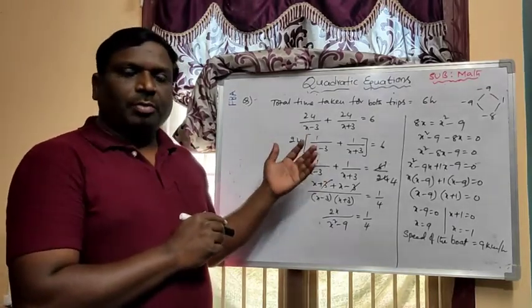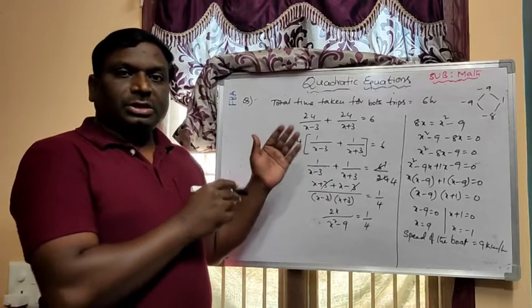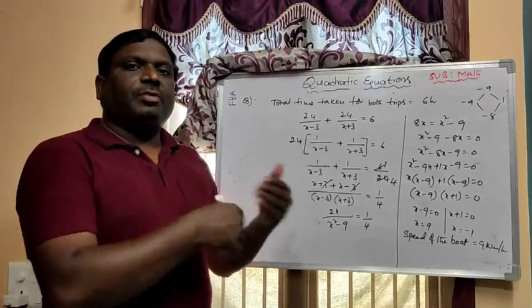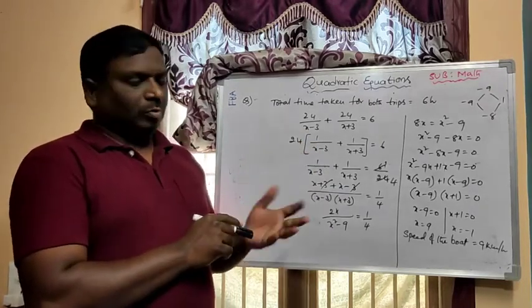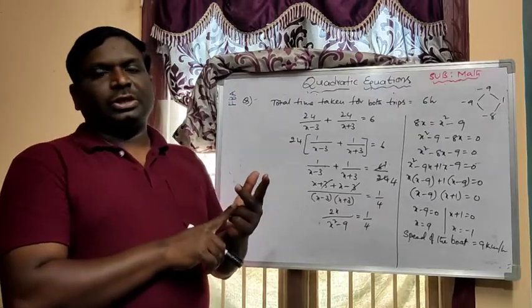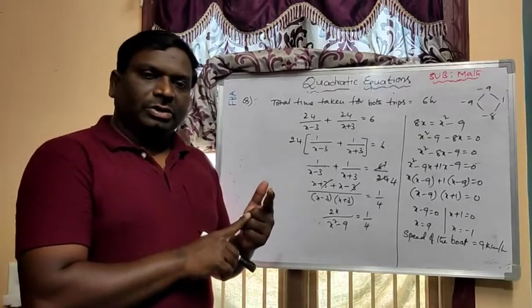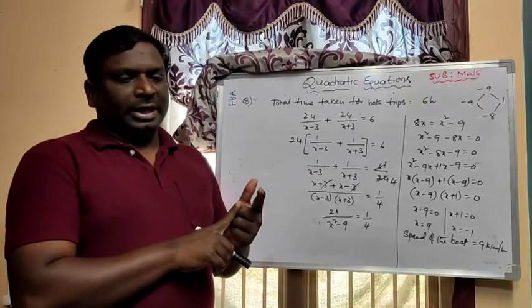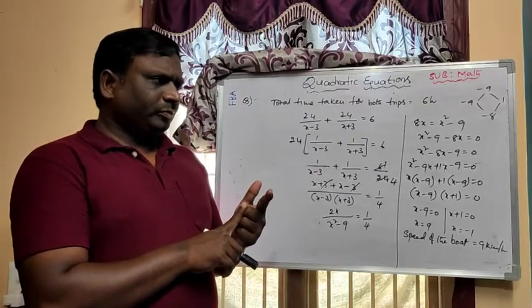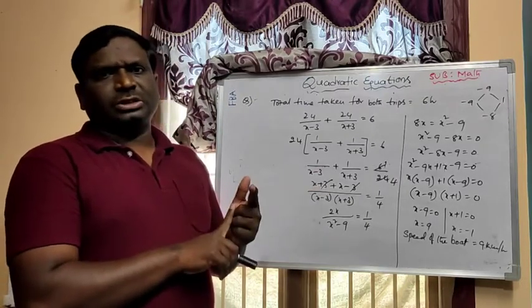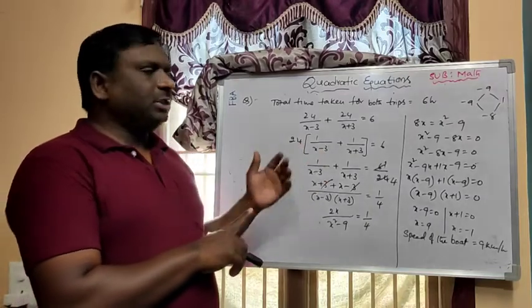The total 9 word problems are there, and based on these 9 word problems, different model questions will be given. So motorboat questions, train questions, right angle triangle questions applying the Pythagoras theorem, and consecutive numbers questions.